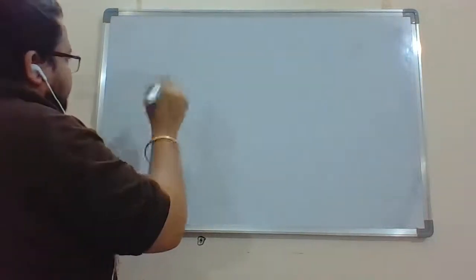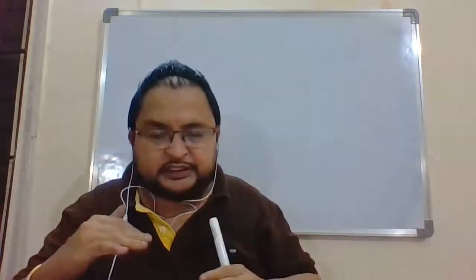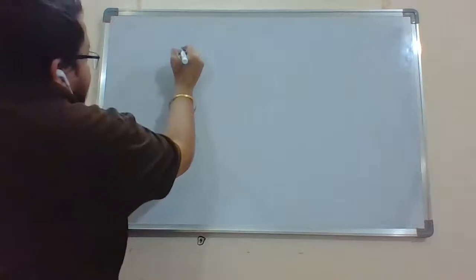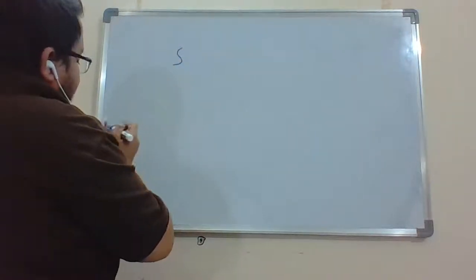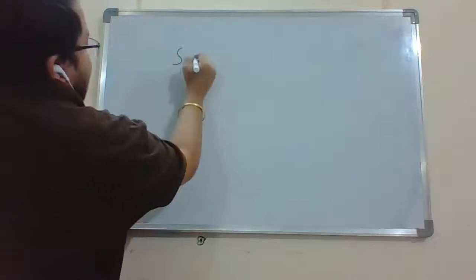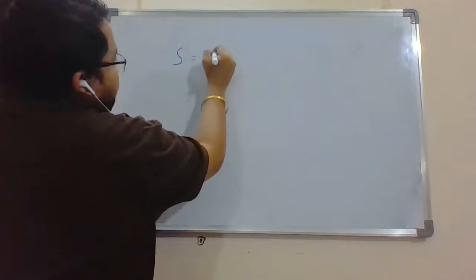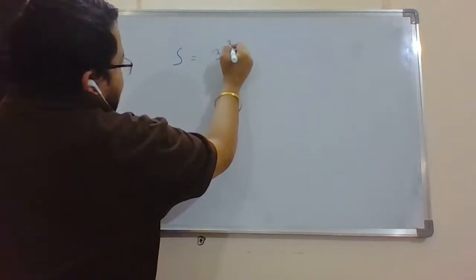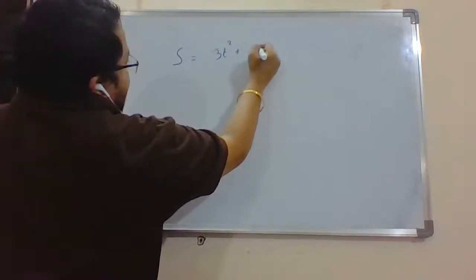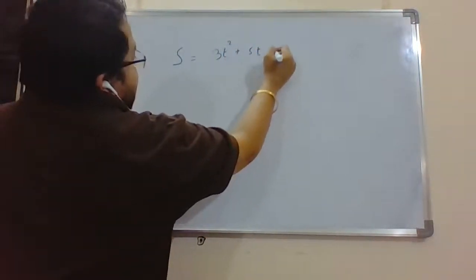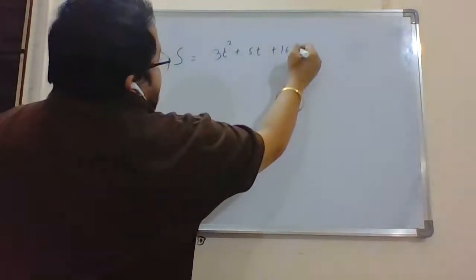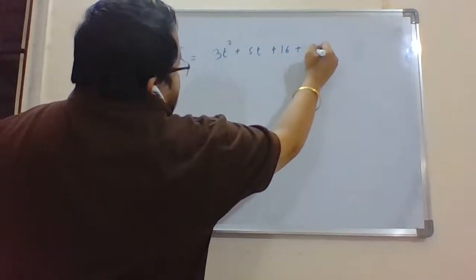Say a particular body is moving very randomly, and it is changing its velocity with reference to time very quickly, such that its position is given as s equals 3t square plus 5t plus 16 plus t cube.